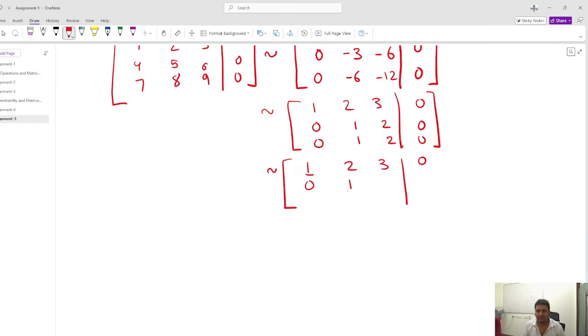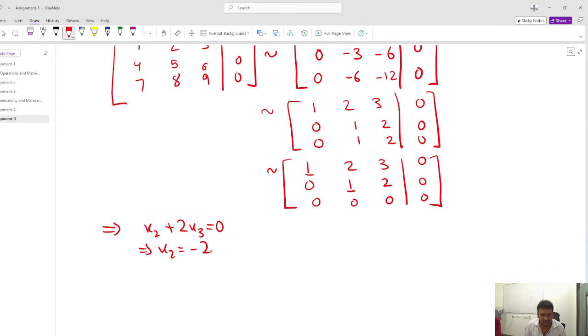So this is pivotal. That is 2, 0, 0, 0, 0, 0. Very nice. So what you get here, guys? x2 plus 2x3 is 0, meaning x2 is minus 2x3, okay?